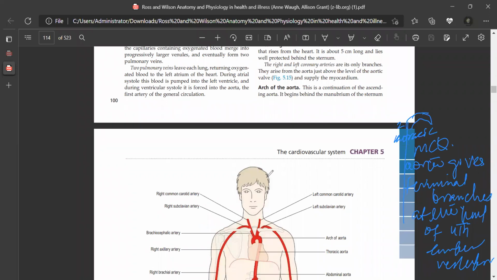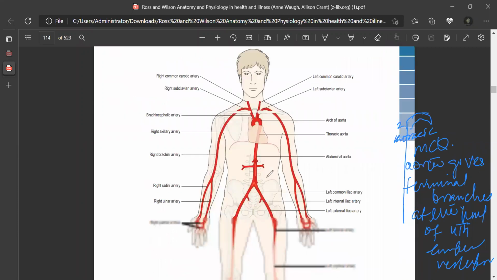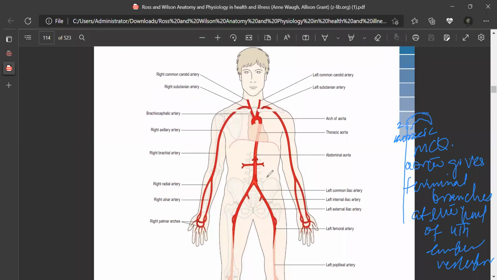It begins behind the manubrium of the sternum. You can see here the ascending aorta and then the arch, going on the back of the heart, descending through the back of the heart in the thorax, then entering the opening in the diaphragm and descending as the abdominal aorta.